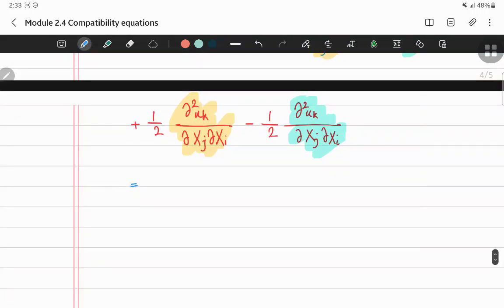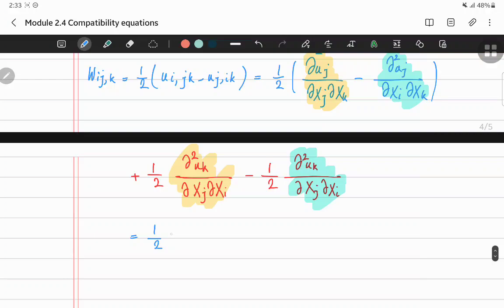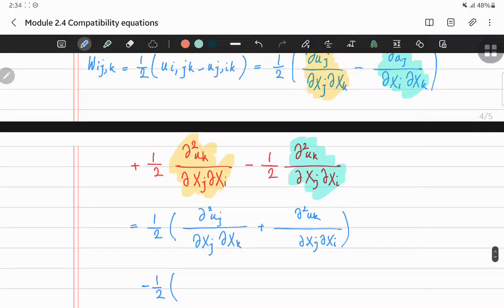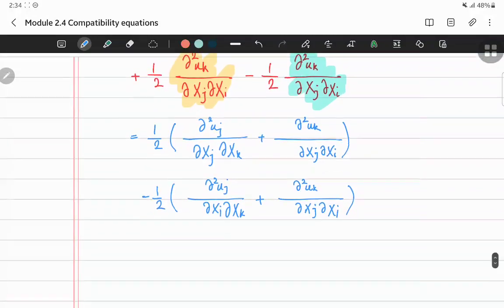So I can get these together. I write half of, first the second partial derivative of ui with respect to xj, then xk, plus this term in here, the second derivative of uk with respect to xj, xi, minus half of, now this one, the second partial derivative of uj with respect to xi, xk, plus the second partial derivative of uk with respect to xj, xi. Perfect.